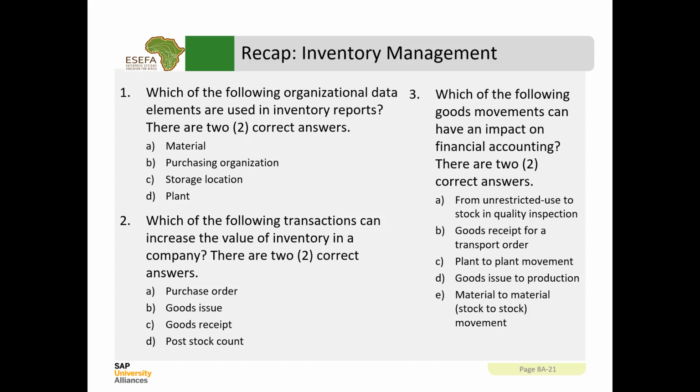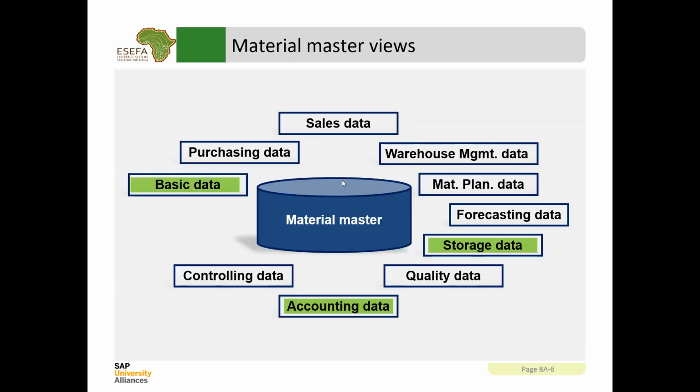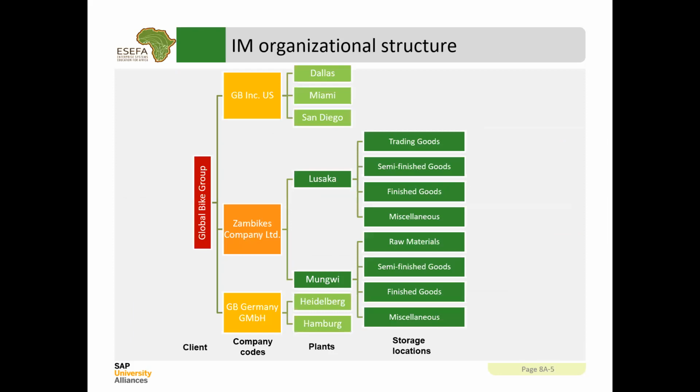So if you look at the organizational structure, let me just scroll down and take note. There are silent things that you can gain from here. This is just for the Zambike, but there is information you can see. You can see the client, company codes, plant, and storage location.